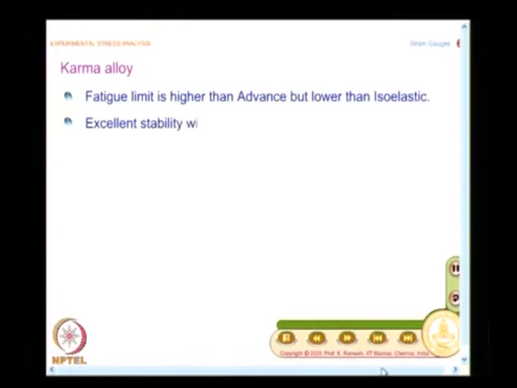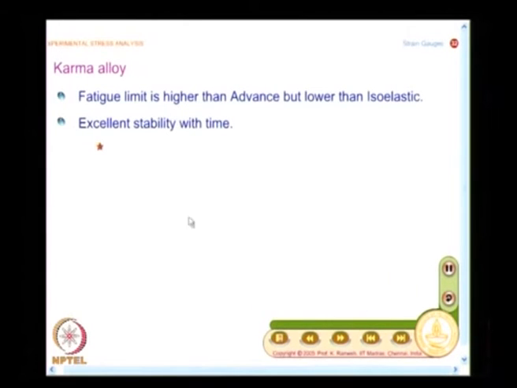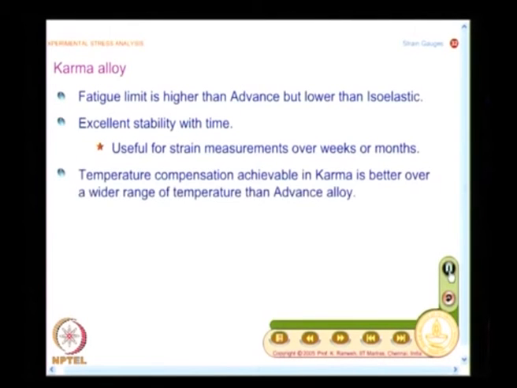And then we move on to the next material, which is Karma alloy. The moment you come to Karma alloy, the basic characteristic is it has excellent stability with time. I have also said in strain gauge instrumentation, you have applications where you may need to monitor the strain for long durations of time.